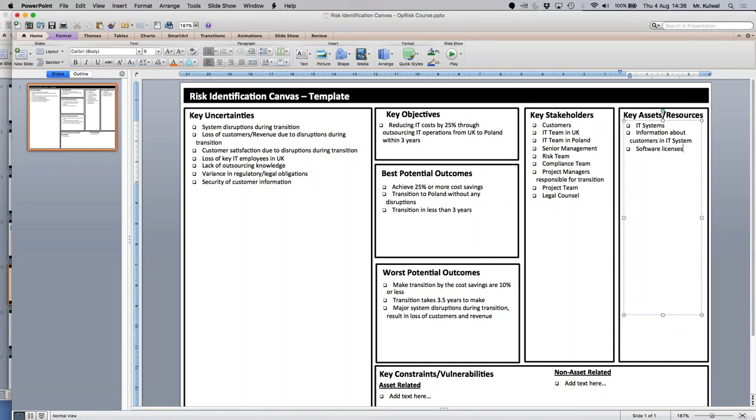Centralized resources, applications, equipment. Yes, okay, but IT system, okay, so we can have IT equipment, that if we have to move some IT hardware, then that'll be another asset.